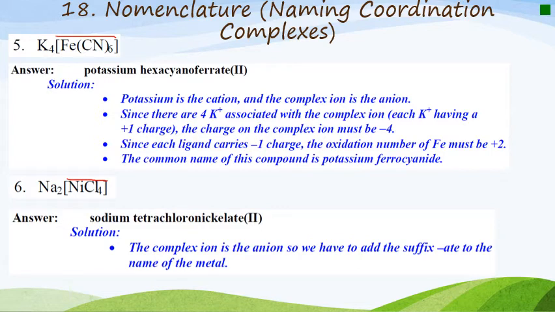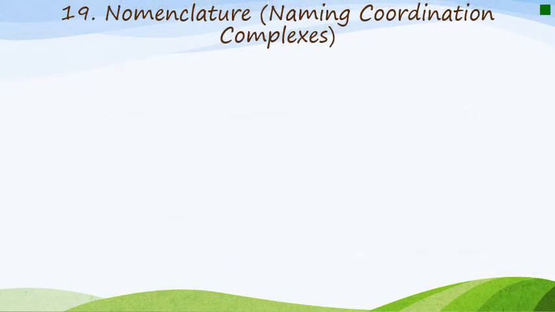You will notice in the case of an anion, the word ATE goes on the end. That is to indicate that the complex itself, the coordination complex, has a negative charge. Don't forget to stop the videos at any point to read through it carefully and to try and understand the solutions that are given. Okay.